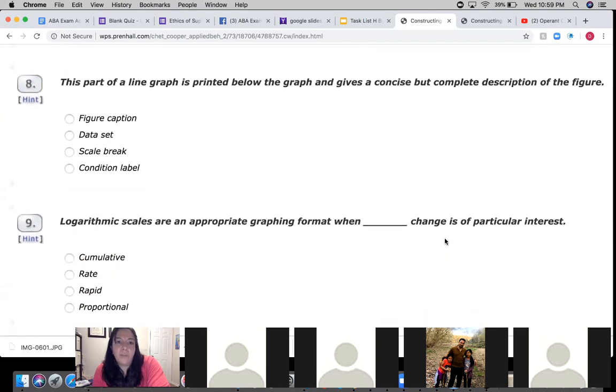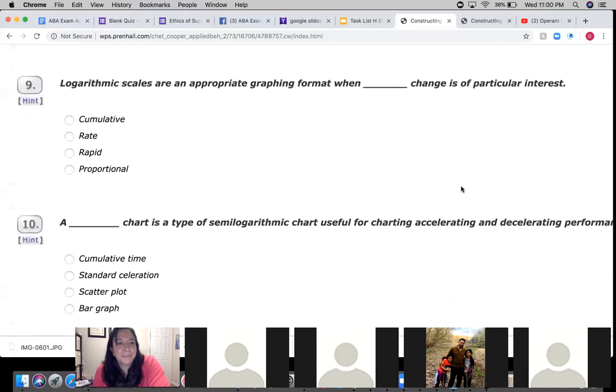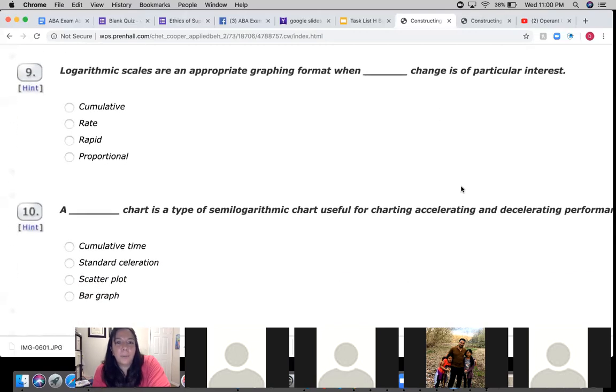This part of a line graph is printed below the graph and gives a concise but complete description of the figure. Figure caption, data set, scale break, condition label. Figure caption. Awesome. Logarithmic scales are an appropriate graphing format when blank change is of particular interest. Cumulative, rate, rapid, proportional. Proportional.